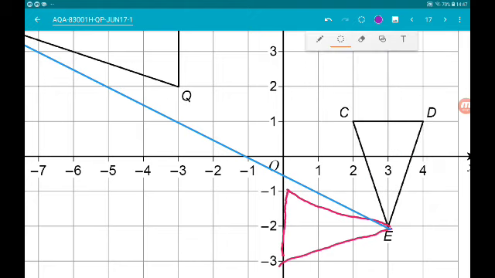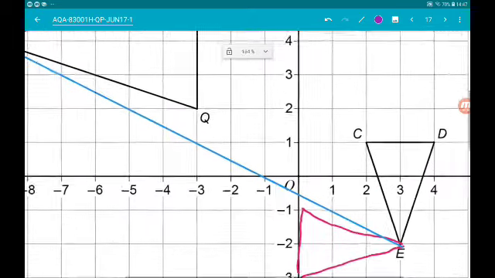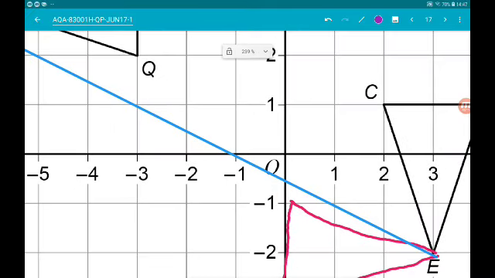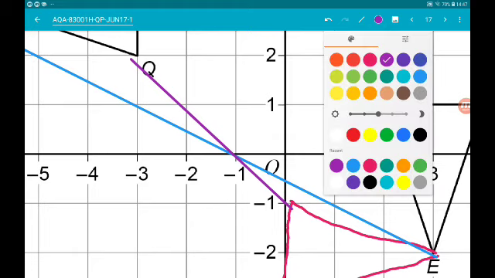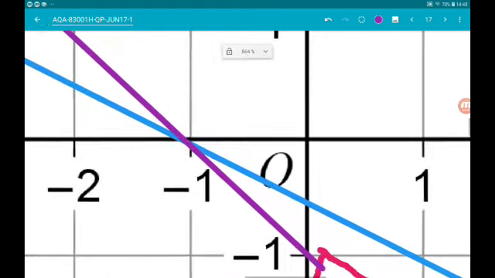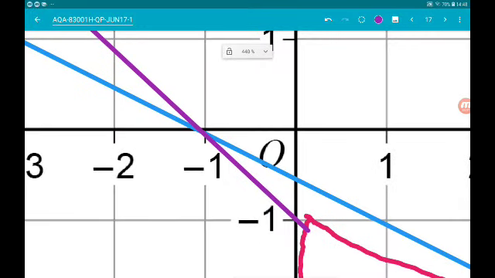So if the triangle is flipped, then the top corner of this red triangle corresponds to the bottom corner of the big triangle. Now the centre of enlargement is the point where these two lines meet. So we can see that that is at -1.